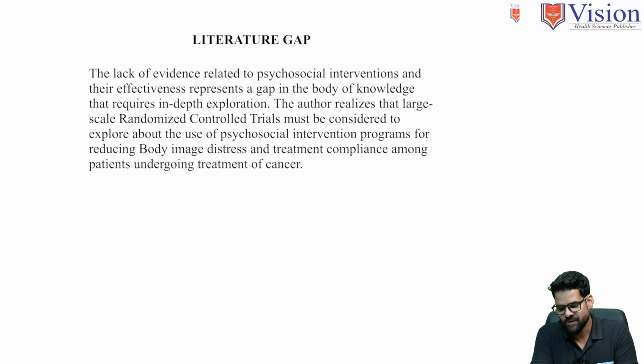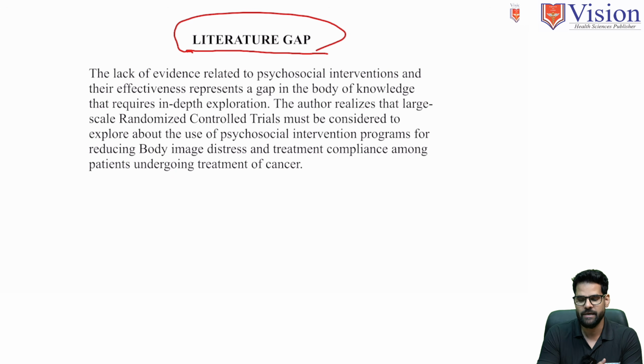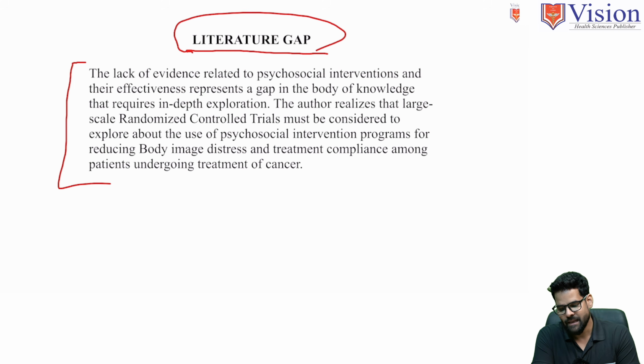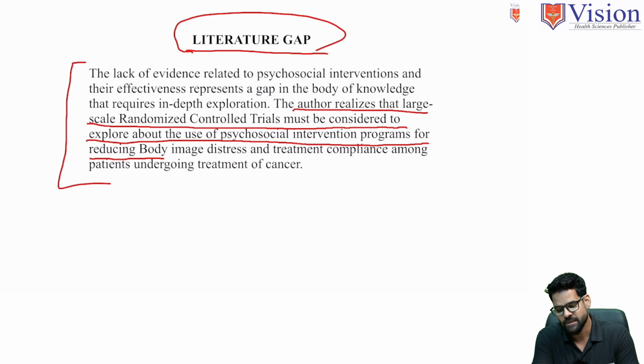Now the last part is, once you complete the compilation of all the research, then you write the literature gap. Finally you write it as a summary. The lack of evidence related to psychosocial intervention and its effectiveness represents a gap in the body of knowledge that requires in-depth exploration. The author realized that a large-scale randomized controlled trial must be considered to explore the use of psychosocial intervention programs for reducing body image distress and treatment compliance among the patients.